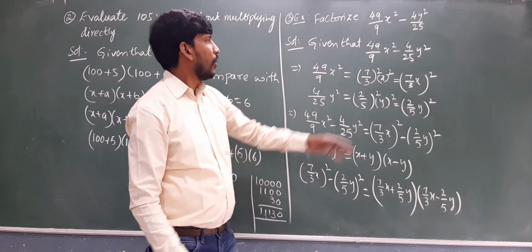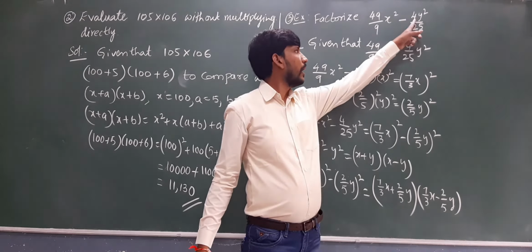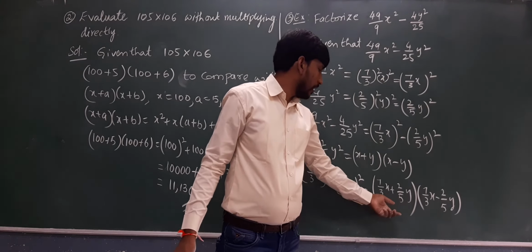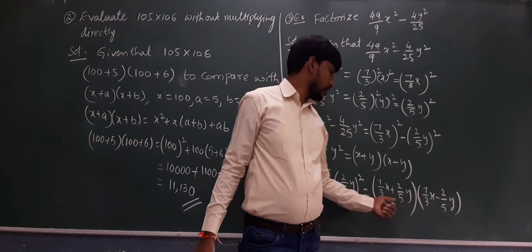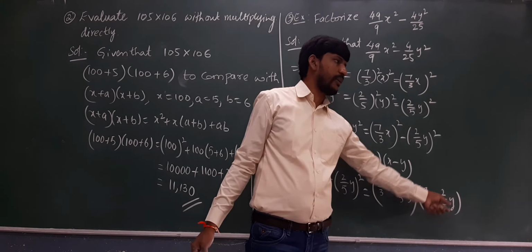See this here. We got a quadratic polynomial in two variables, x square and y square, and after factorizing we get the product of two linears. This is 7 by 3 x plus 2 by 5 y and 7 by 3 x minus 2 by 5 y.